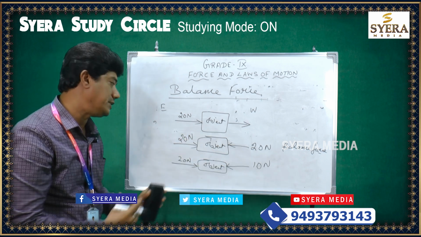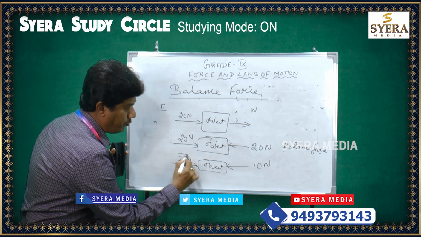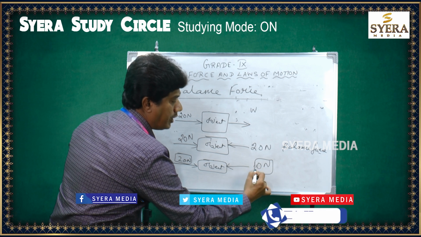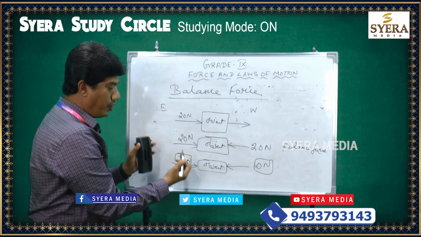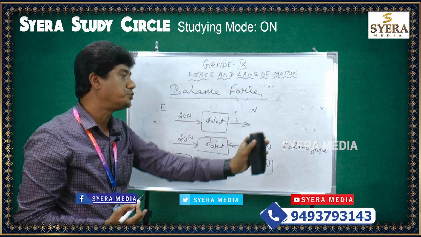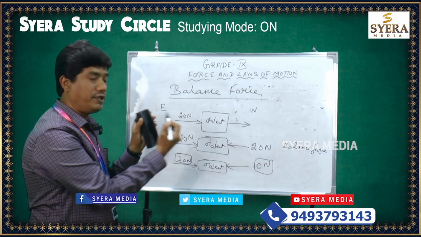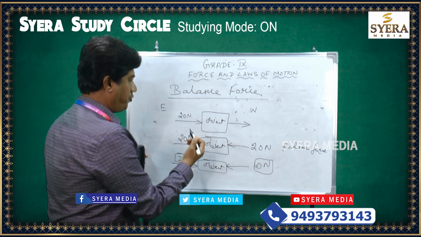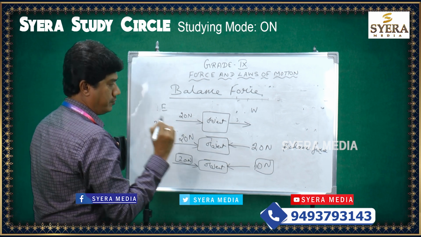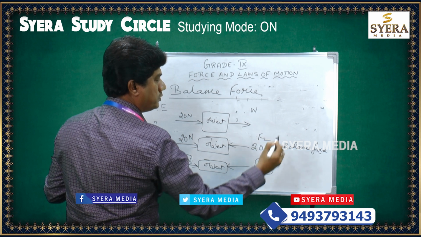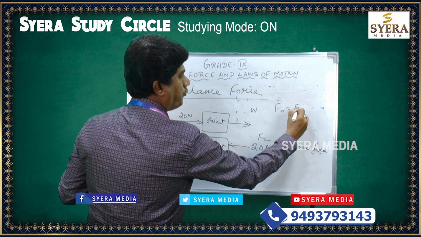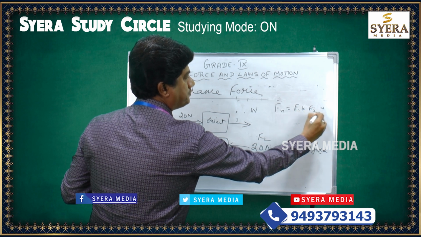Why is it moving towards the west? Because here we applied 20 Newton and there only 10 Newton. So more force is from the east position, so the object moves towards the west. Now through the formula, if we see this, for example I am taking this as F1 and this as F2. So the net force I can say is F1 plus F2.